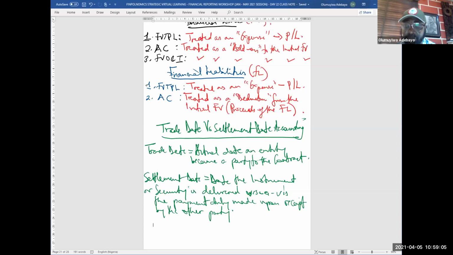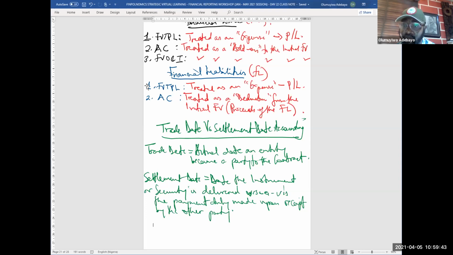I can become a party to a contract when the share price is 5 naira 10 kobo, but it was 5 naira 8 kobo when the shares were delivered to me. What price will I consider? If I consider trade date, I'll carry it at 5 naira 10 kobo up to the settlement measurement period before I realize gain or loss.